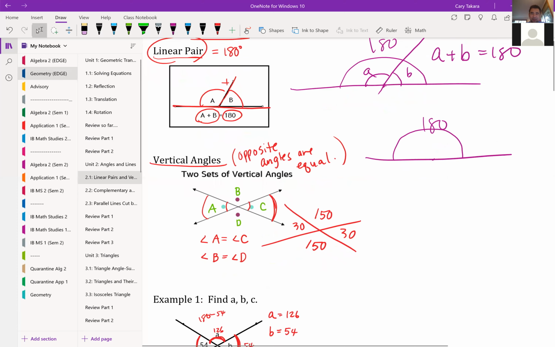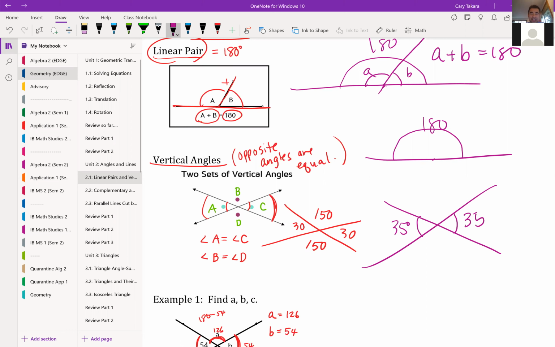Second, we've talked about vertical angles. Vertical angles are two lines intersecting. Let's say this angle is 35 degrees. That makes the opposite side equal. Okay, that's vertical angles.